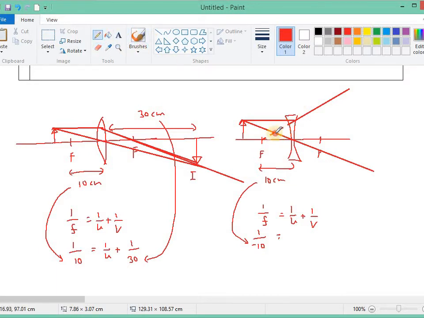Okay, so the image is here. This is the object. Let's say the image distance is 7 centimeter. When we want to put this 7 centimeter inside here, we put it as negative 7.